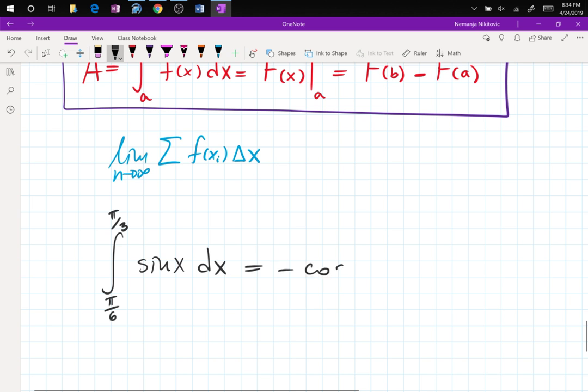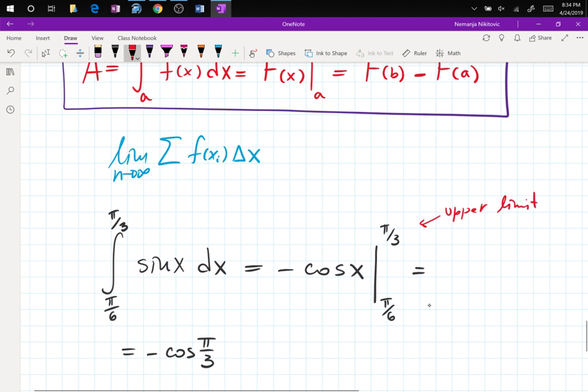Negative cosine x. Very good. We put a vertical line, pi over 6 and pi over 3. Now we go negative cosine of pi over 3, which is called the upper limit. And then you have minus from the formula, and then you have your negative cosine of pi over 6, which is your lower limit.